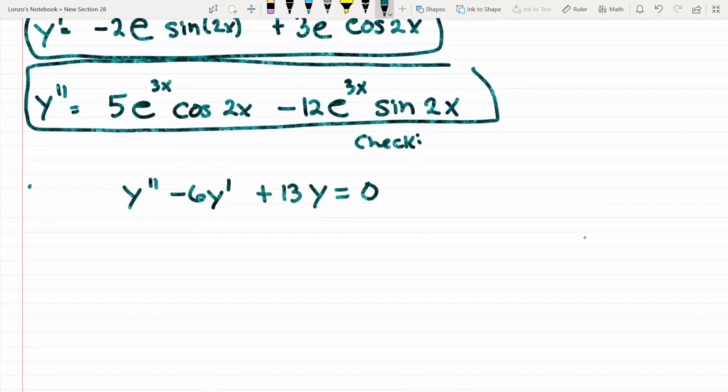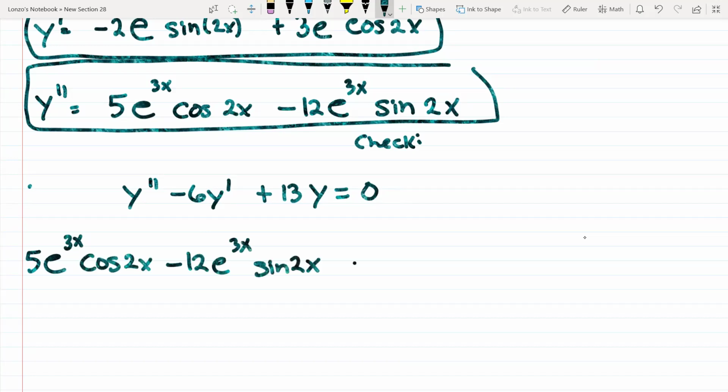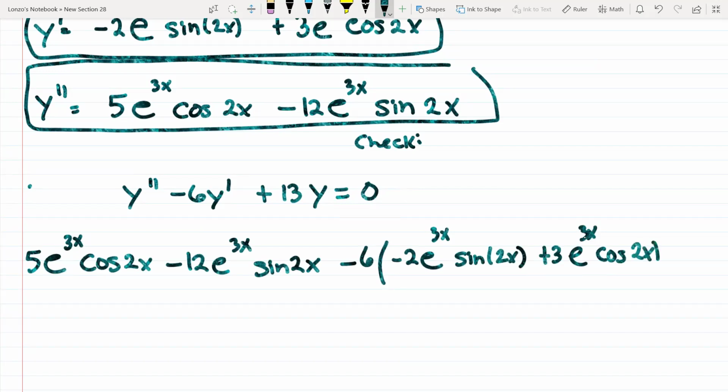So y double prime is this, so that's going to be 5e to the 3x cosine of 2x minus 12e to the 3x sine of 2x, minus 6y prime, which is -2e to the 3x sin of 2x plus 3e to the 3x cosine 2x, plus 13y.